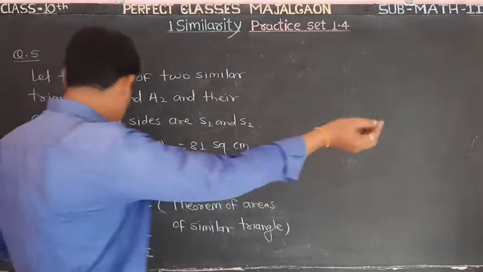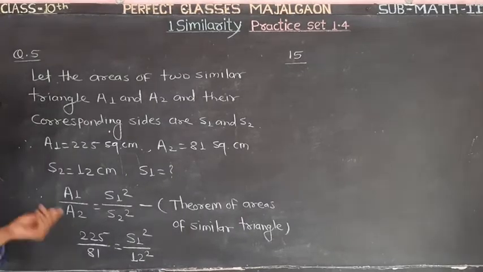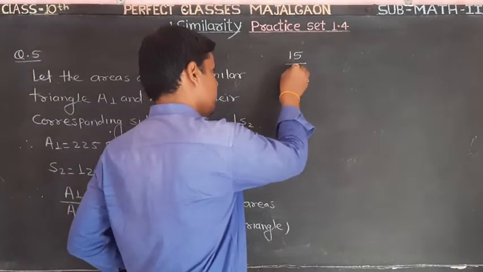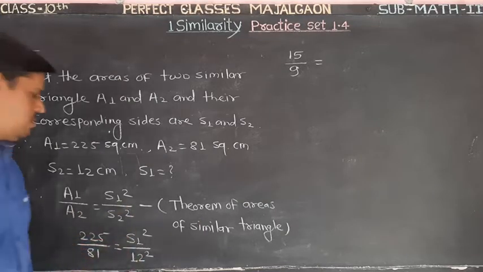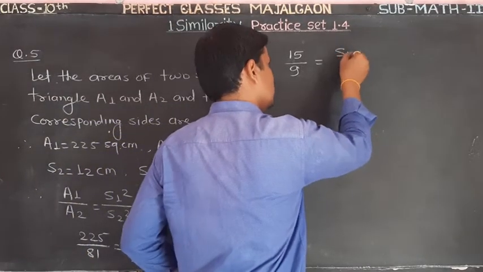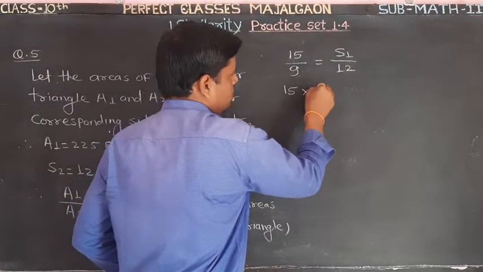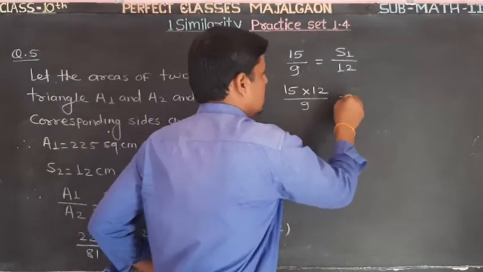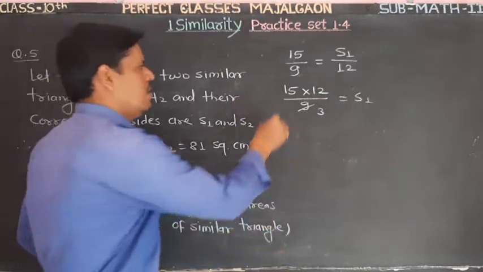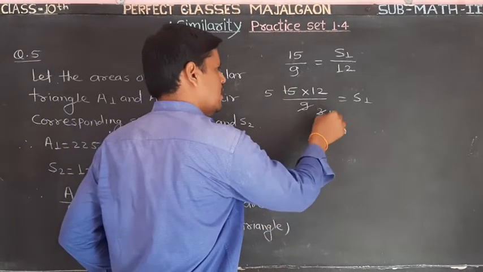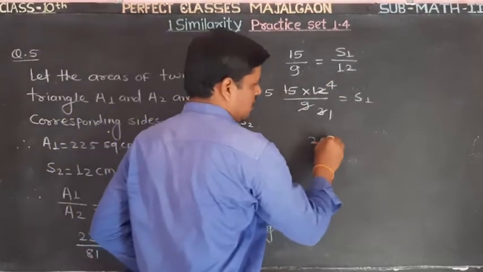Now taking the square root, what is the square root of 225? Yes, it is 15. And the square root of 81? Yes, it is 9. When we take the square root of both sides, the squares cancel. S1 upon 12. Take this 12 to the left side: 15 into 12 upon 9. Here we divide. 3 threes are 9, 3 fives are 15, 3 ones are 3, 3 fours are 12, 5 fours are 20.